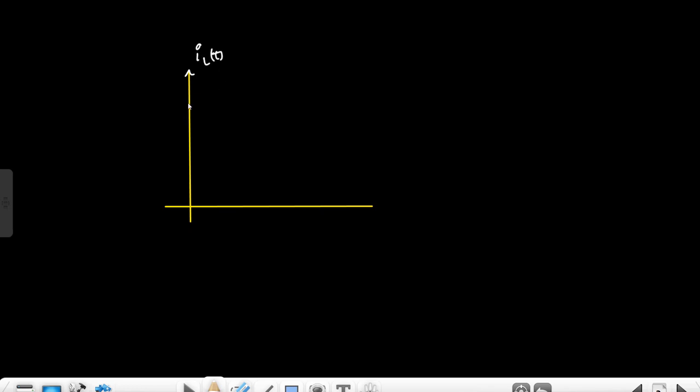This is the IL(t) having the maximum value, that is V by L. This is the VL(t) maximum value, and for that it is exponentially decreasing like this. Right, and the time constant of this circuit is L by R.